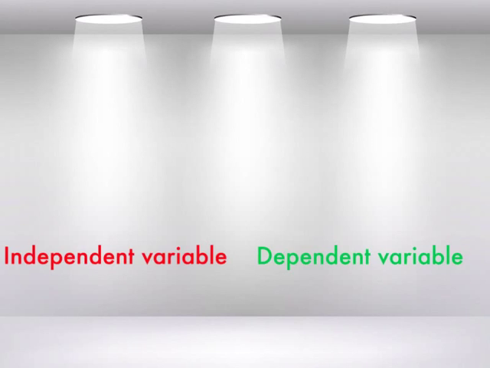The dependent variable is the variable that the experimenter or the scientist measures as a result of the manipulation of the independent variable. In simpler terms, the independent variable is the one that the scientist alters or changes. The dependent variable is the one that they measure as a result of the changes that they make.